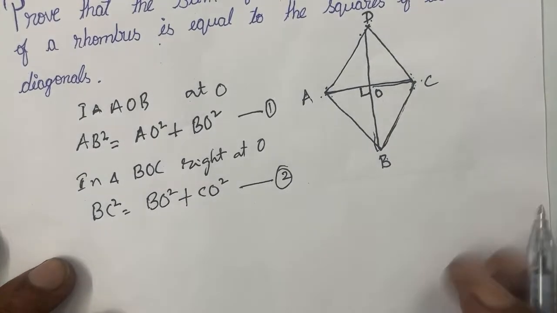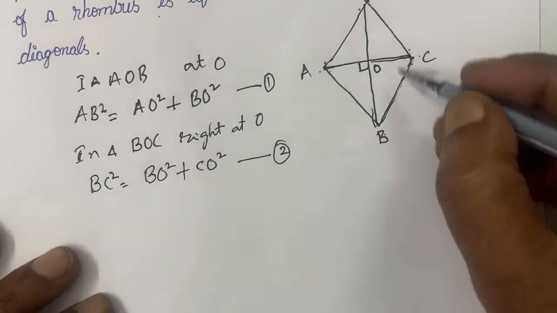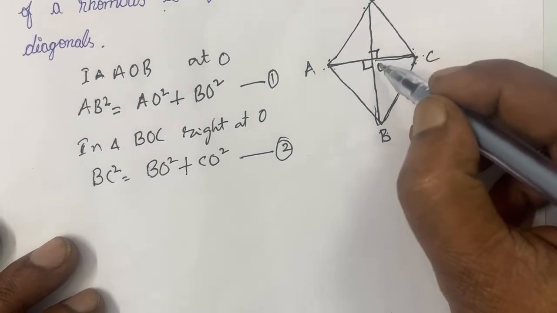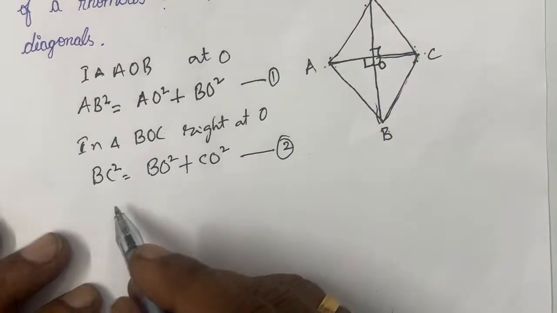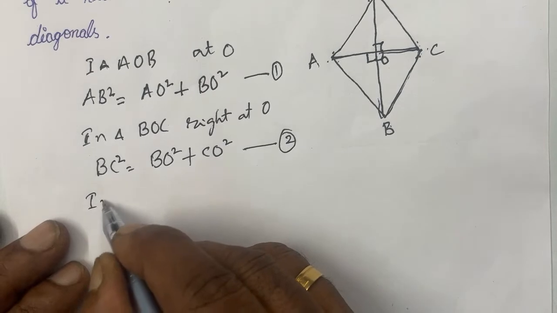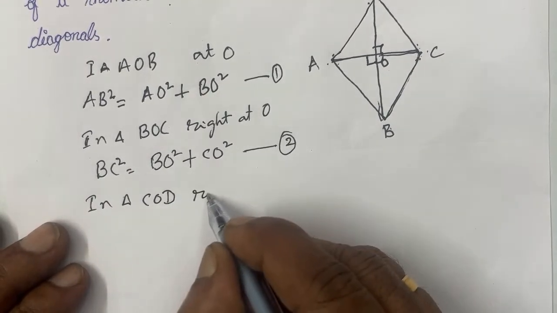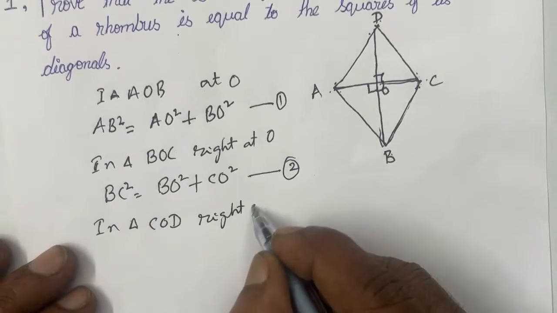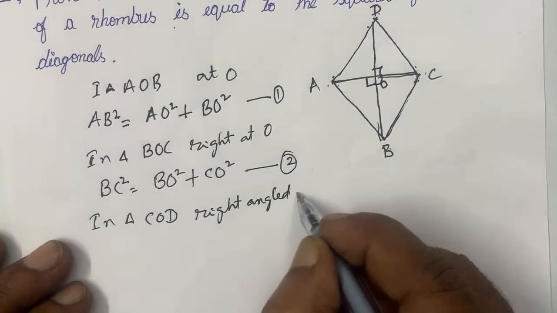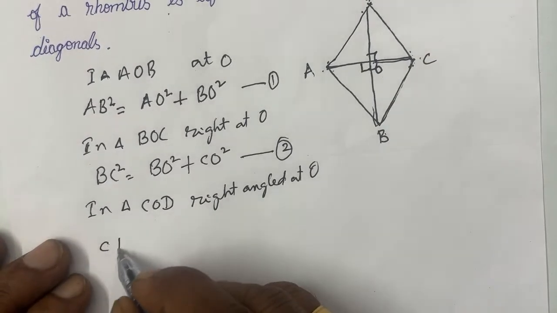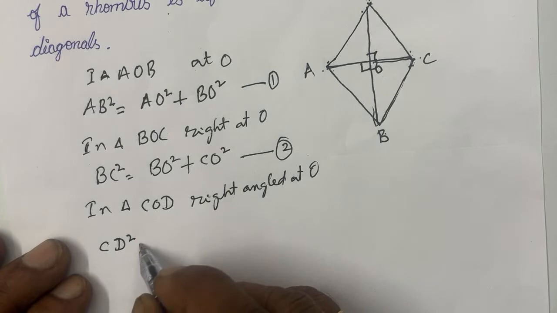So two triangles I have taken and two sides. Now I am going to another triangle. This is COD. In the triangle COD, right angled at O, CD is the hypotenuse.